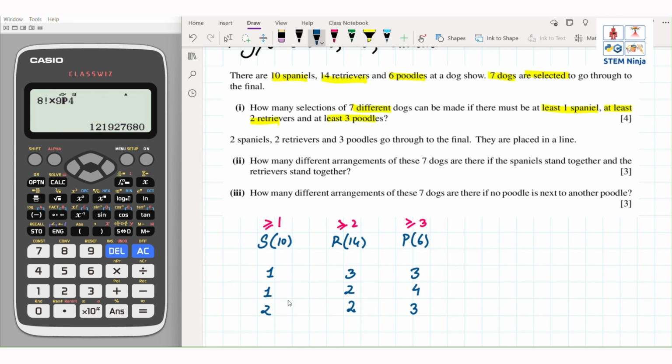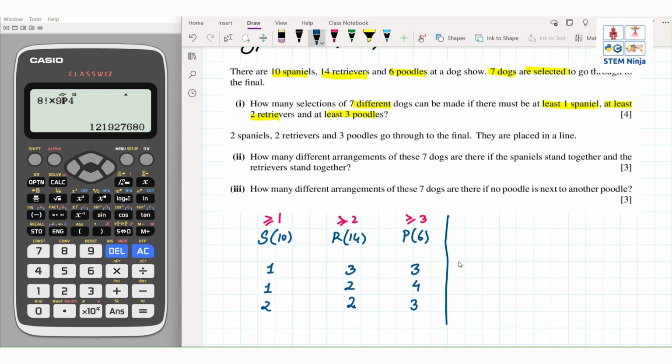Okay, so like we started with one column. We started with the lowest value of the spaniels and then increased it one by one, and saw what values can be increased or decreased for retrievers and poodles. So these are the possible combinations that we can make. Now let's write their combinations.